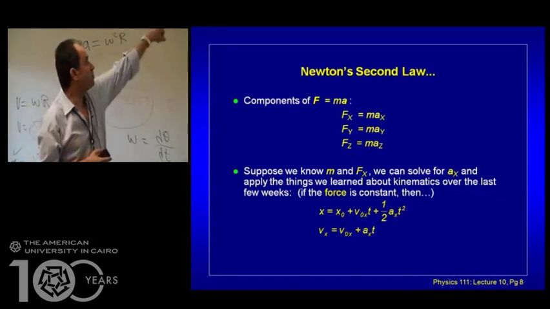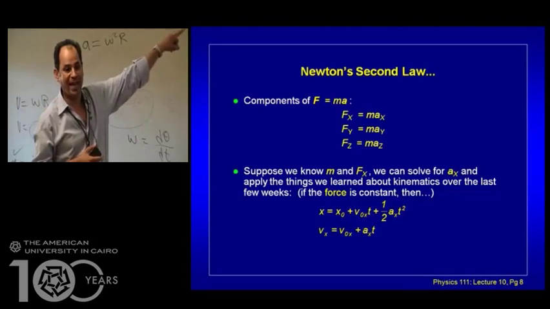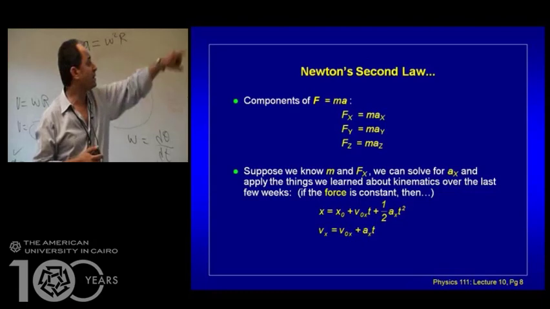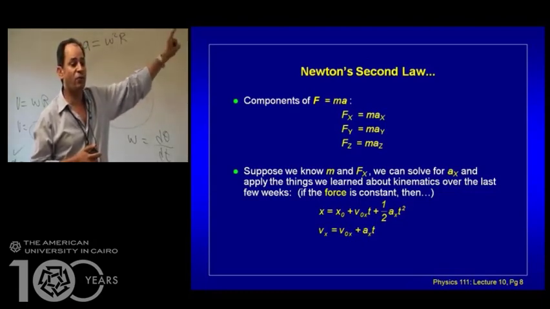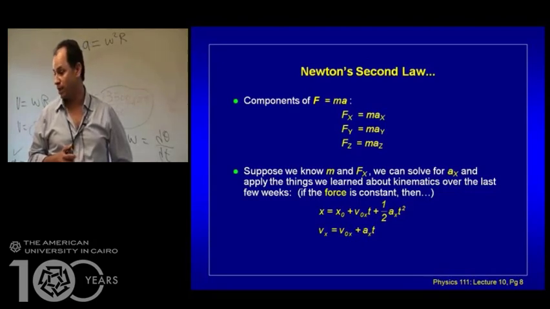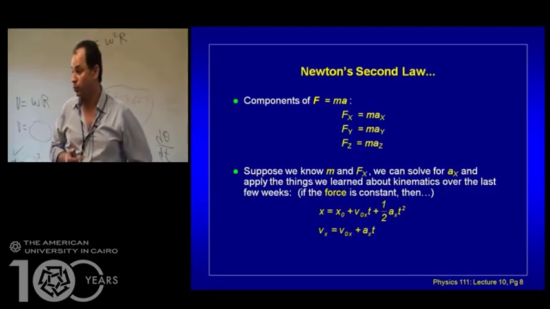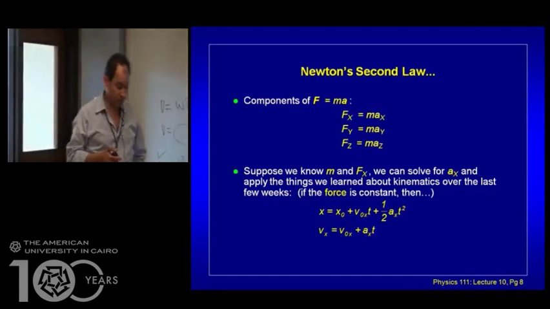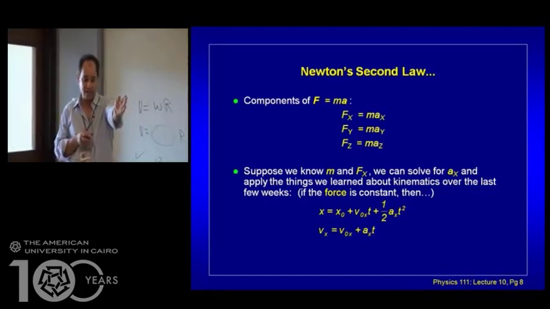The first component says that the force along the x-axis equals mass times the acceleration along the x-axis. The second component says that the force along the y-axis equals the mass times the acceleration along the y-axis. Which one is the same, the x direction or the y direction? If you move at 45 degrees, then it's going to be the same.